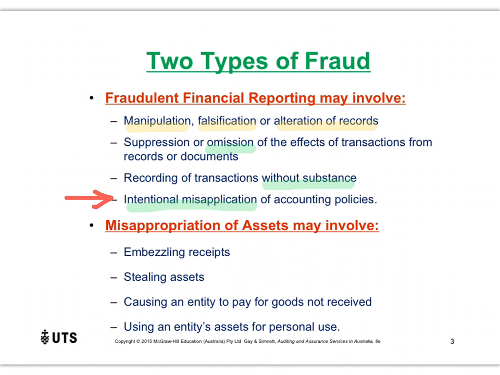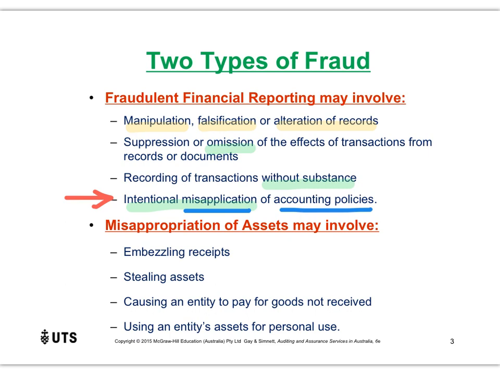Actually, a better example of that one would be manipulating the way that sales are recognized. So instead of waiting until a good is delivered to a customer in order to recognize that sale, recognizing the sale straight away when we receive the order. Okay, so misapplication of accounting policies is another example.